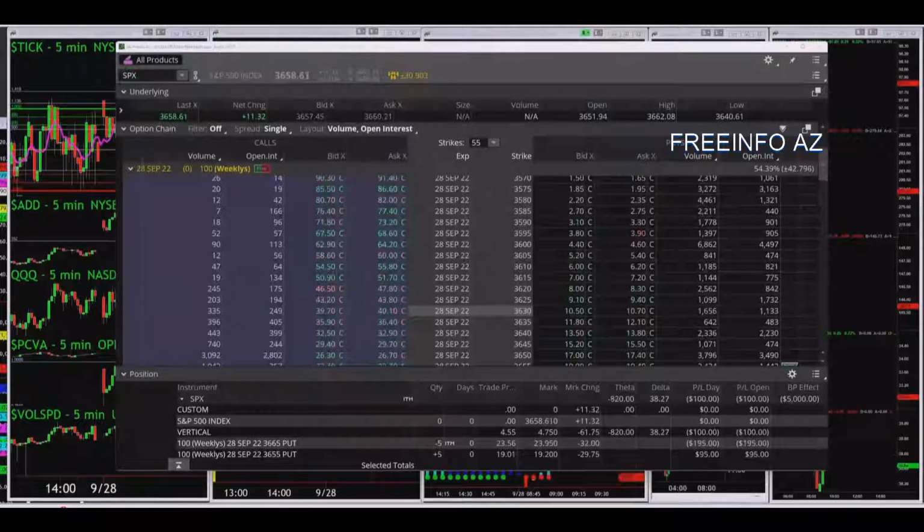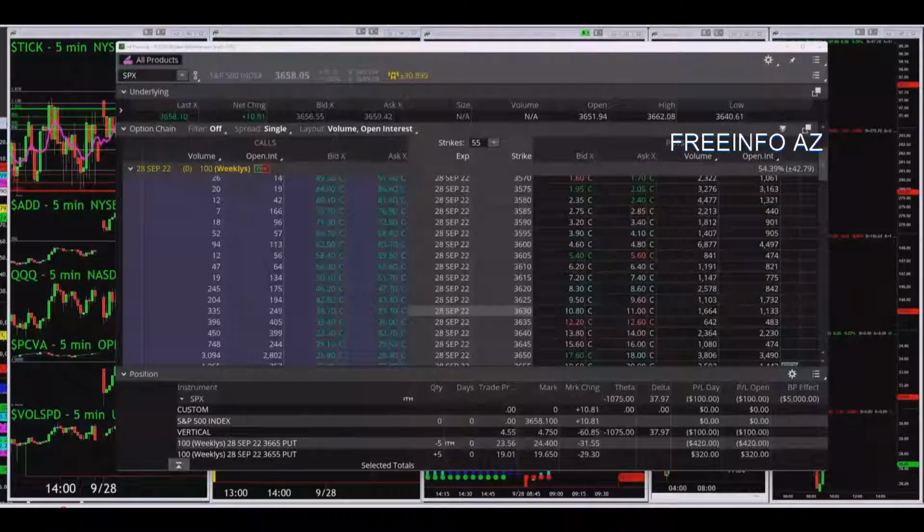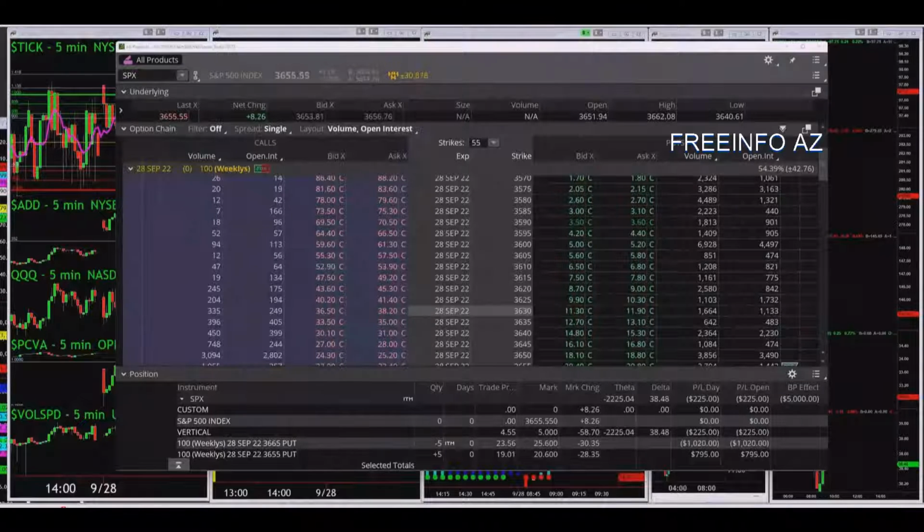Okay, now I just got to find, where's the room? Credit spread here on SPX.